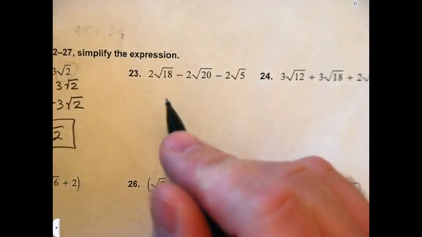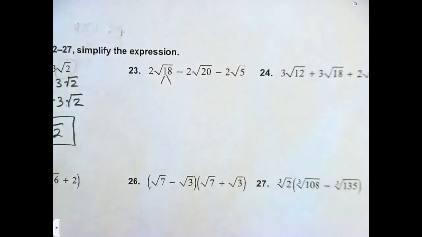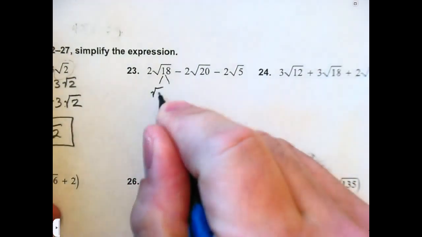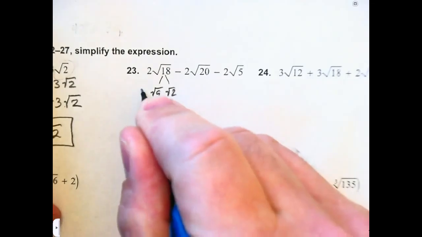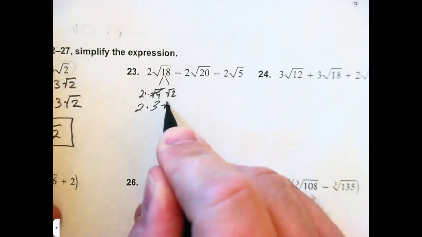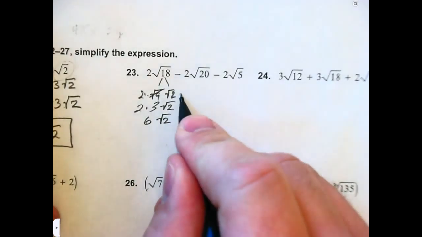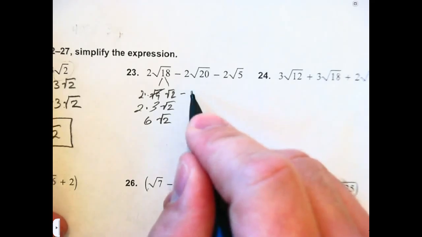All right. Root 18, what's it break down to? Root 9 and root 2. Good. Okay, so root 9 is 3, so that's 2 times 3, root 2, or 6 root 2. Minus, what's root 20 break down to?